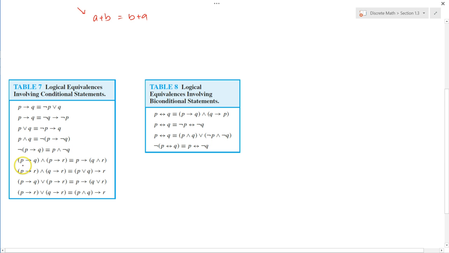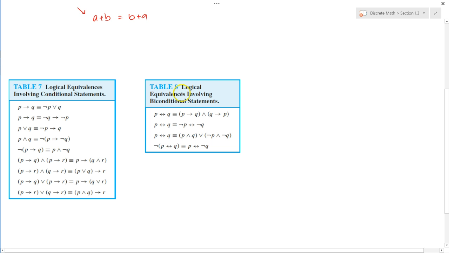Now, the same way, you've got these more complex compound statements. I'm not going to read them, but basically you get the idea of how important these small pieces or tools can be for us when we solve logical problems.